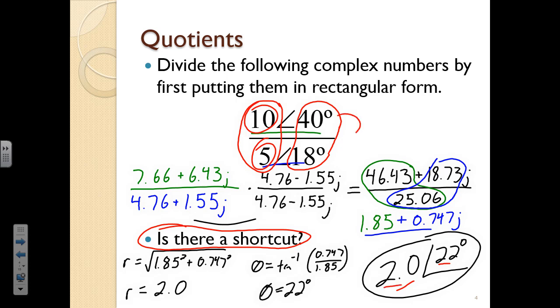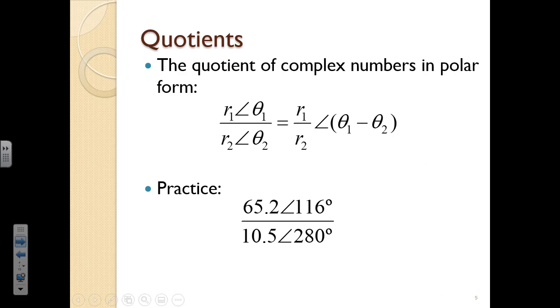And instead of adding these angles, we subtract them, and we get our new direction. So, right along with the first one, here you go. When we have two complex numbers in polar form, we can divide their magnitudes to get the new magnitude, and we subtract the directions to get the new direction.